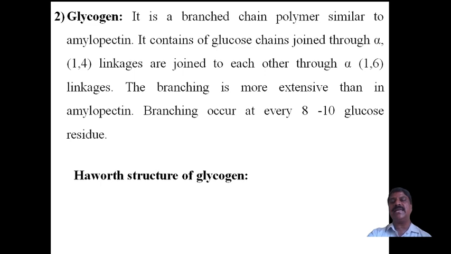Now coming to the second polysaccharide, glycogen. Glycogen is again a branched chain polymer similar to amylopectin, with 1,4 and 1,6 alpha-D linkages. The structure is similar to amylopectin, and glycogen also contains alpha-D glucose units, but the branching is different.